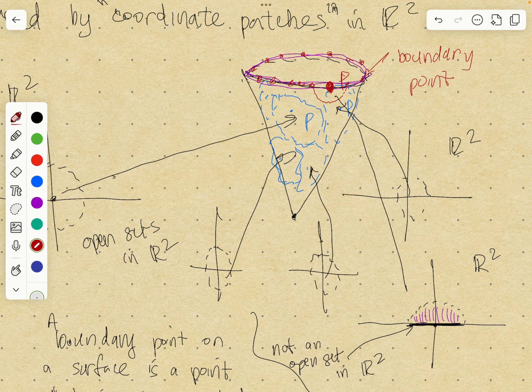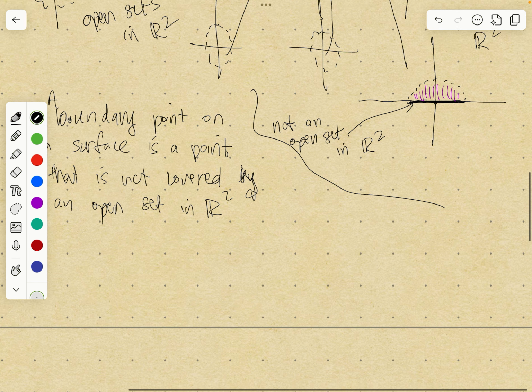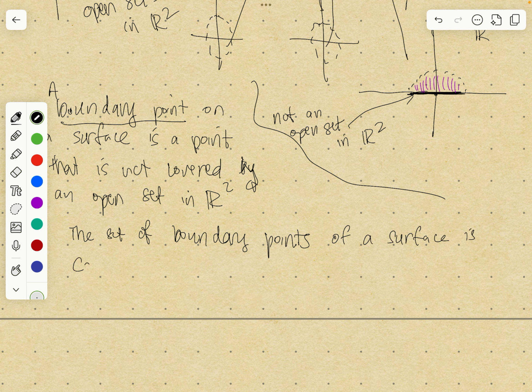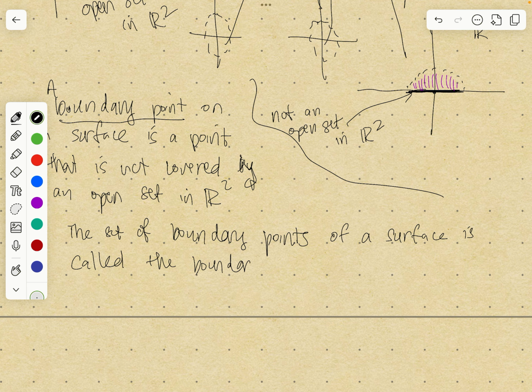And the collection of boundary points is naturally called the boundary. So the boundary points of a surface is called the boundary of the surface.